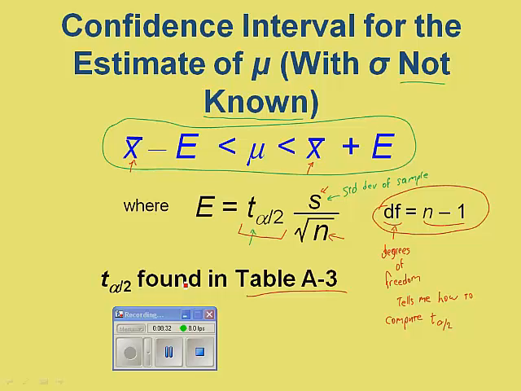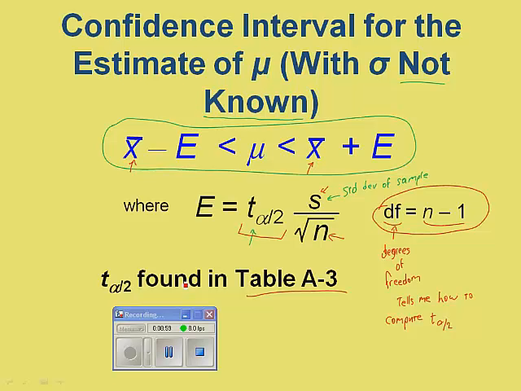But if you flip back one more page, you'll notice they have a picture of the T distribution. That's this. The back page has the Z's, but one more back are the T's. It's also somewhere else in the appendix, table A3. But this is it. Okay?